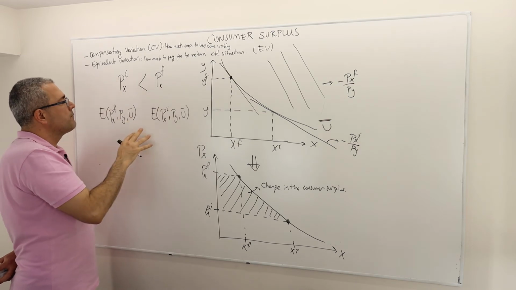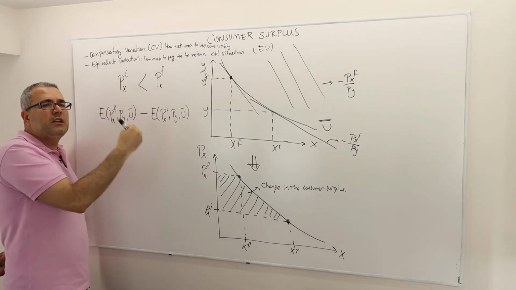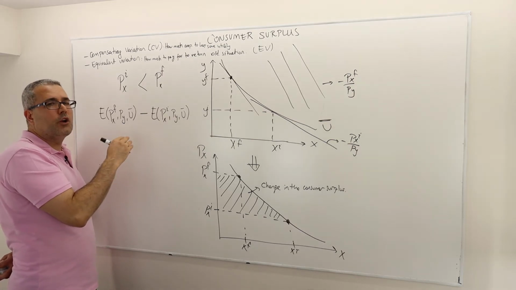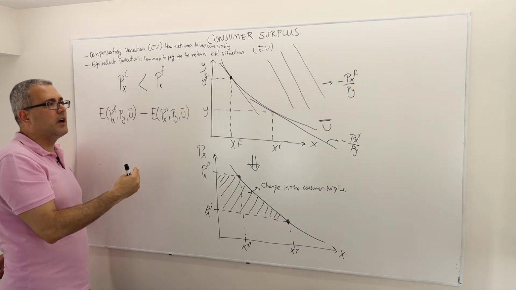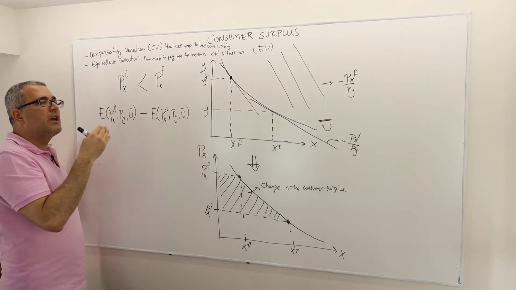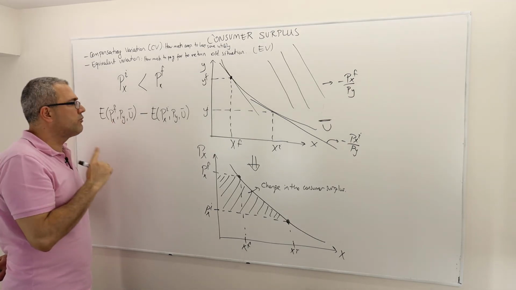So anyway, I want to look at the difference. So how much additional income I need to give this guy, or how much money I should compensate this guy so that his level of utility stays the same even though the price of good X has increased. So let me repeat.